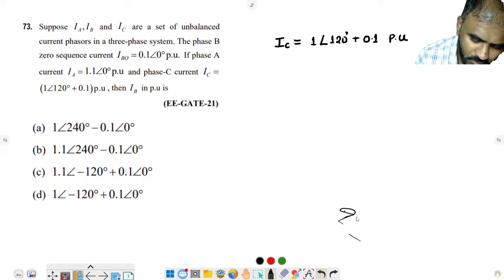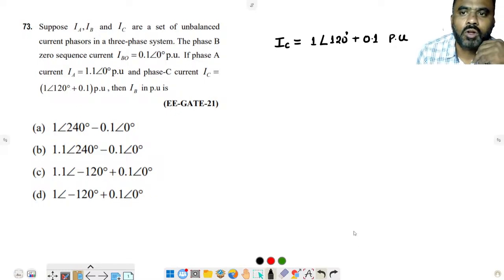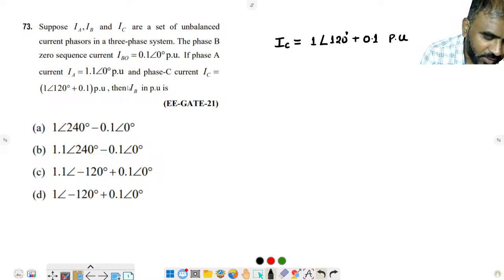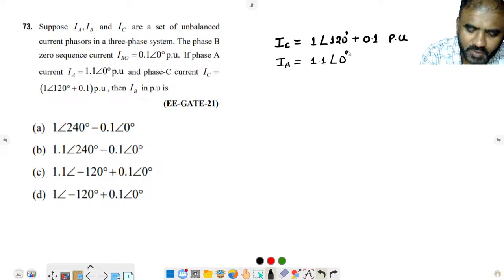Now, okay, what is IA given? 1.1 at an angle 0 degrees. Okay, nothing wrong to say 1.1 per unit. IB is not given.